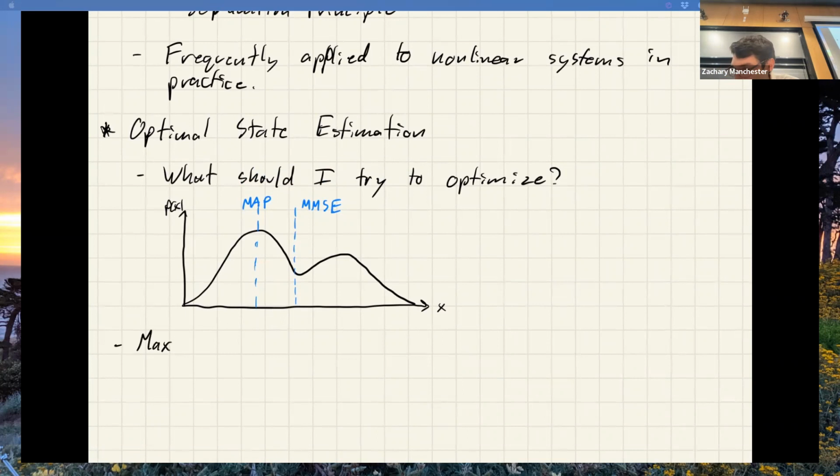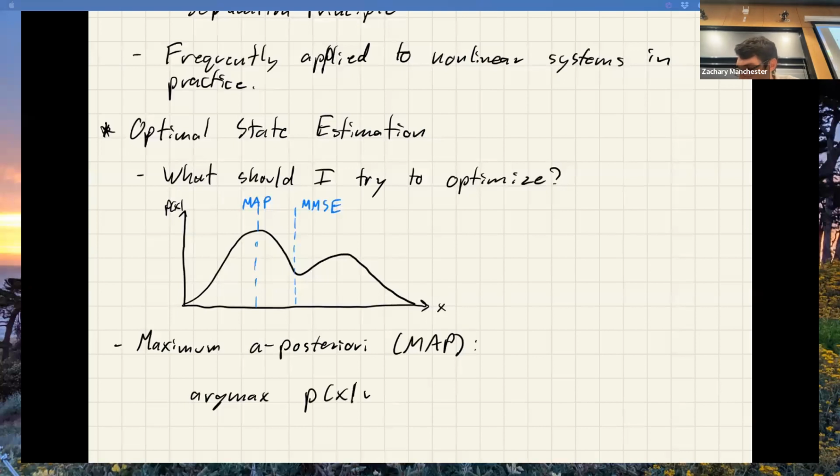This is maximum a posteriori, and it's literally just the argmax of P of X given Y. This is what we said last time: the probability distribution of the state conditioned on the measurements, or given the measurements. So that's the peak of the distribution.